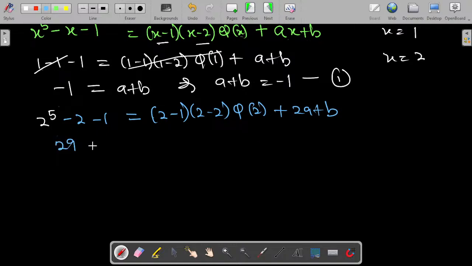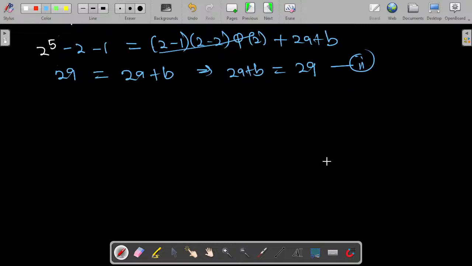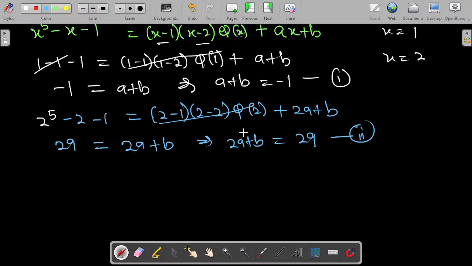If you have understood what I explained, Munachi, you respond. Here, the whole of this cancelled out, and so we got 2a plus b. We rearrange it, and we got 2a plus b is equal to 29 as equation 2. Solving the two of them will give us our a and b.